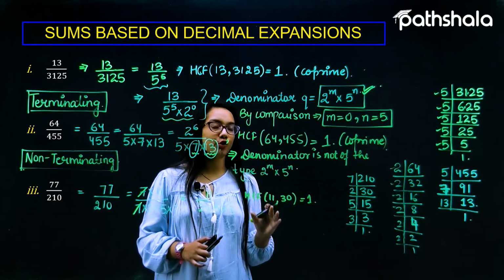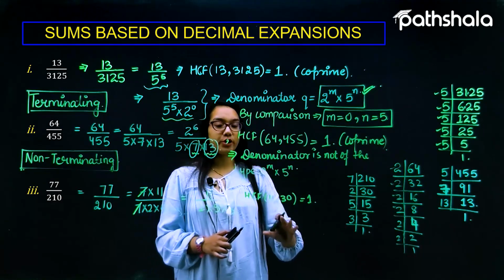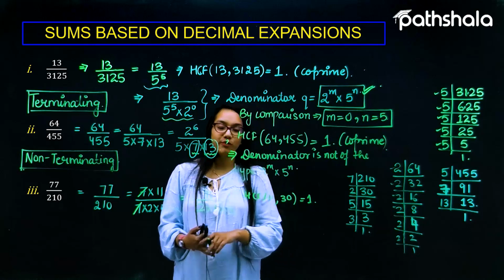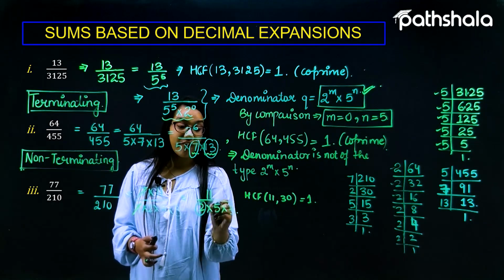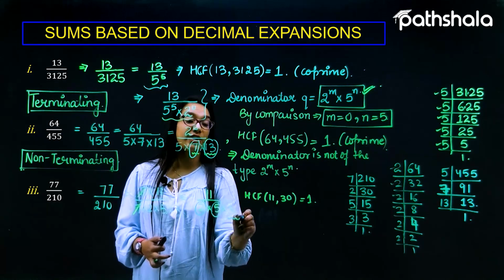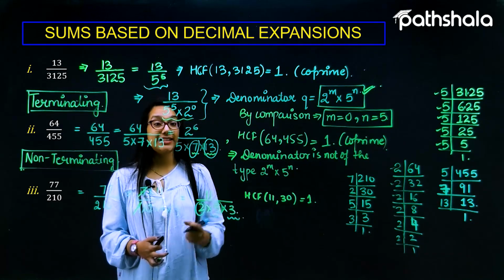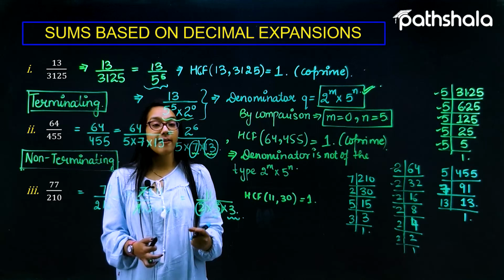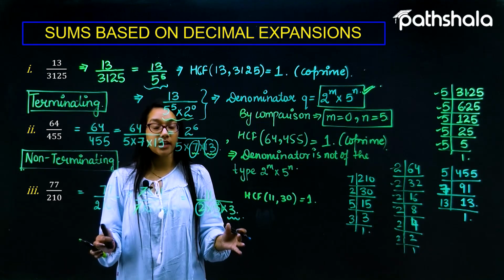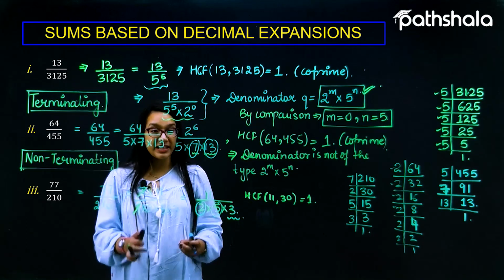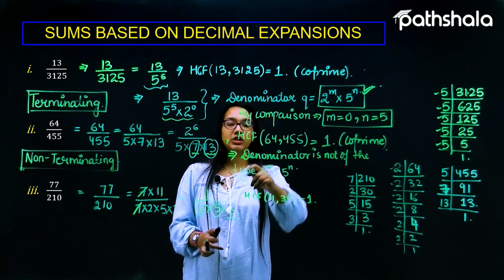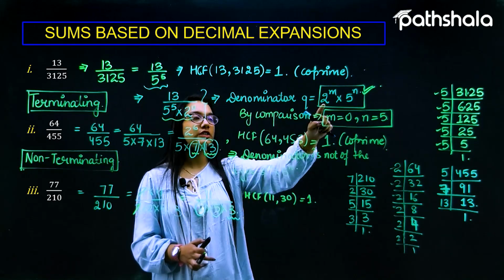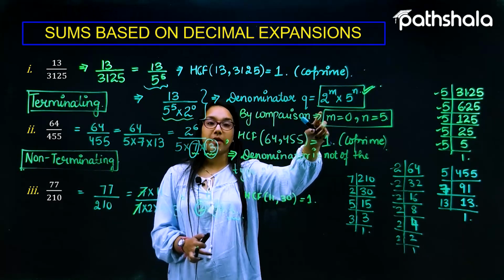Let's move on further toward the second condition, in which the denominator should be of the type 2 raised to the power m into 5 raised to the power n. As we can see over here, we have 2, we have 5, but we do have an extra factor 3. If we have any other extra factor rather than 2 and 5, it definitely means it is not satisfying the last condition, because the denominator should be of the type 2 raised to the power m into 5 raised to the power n.